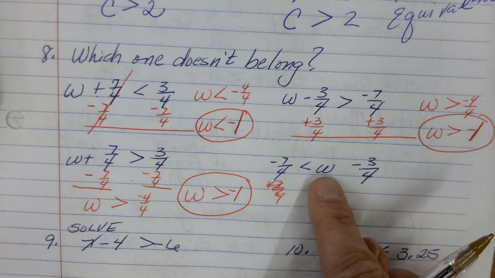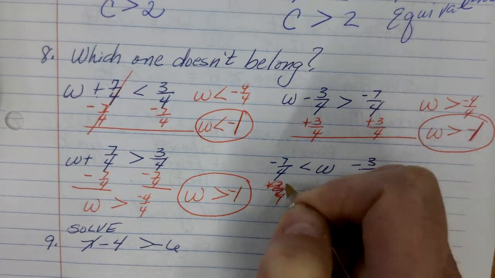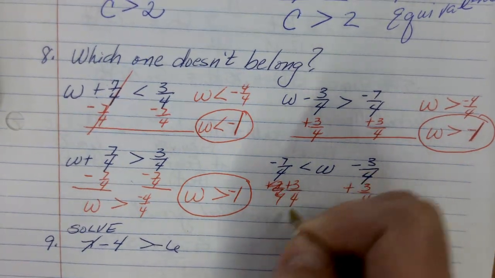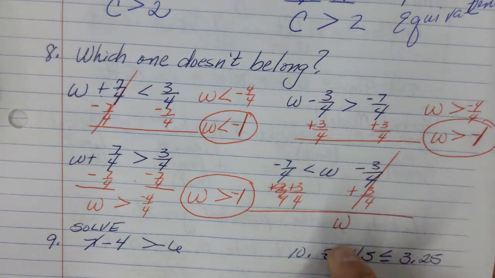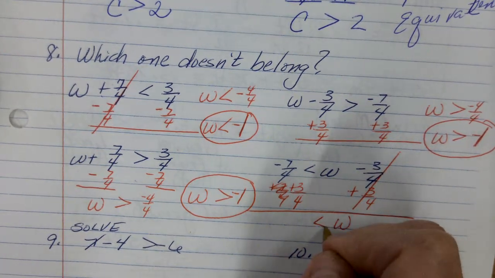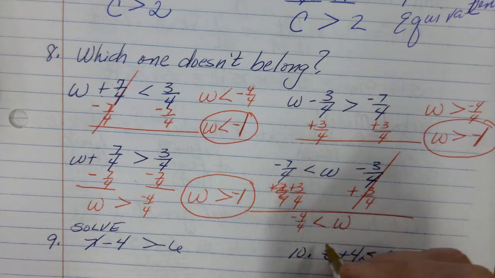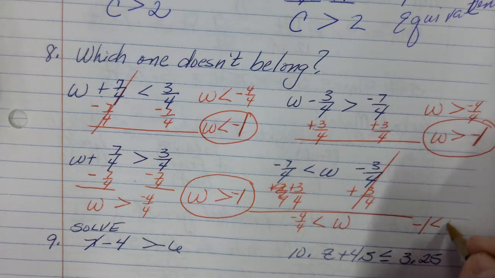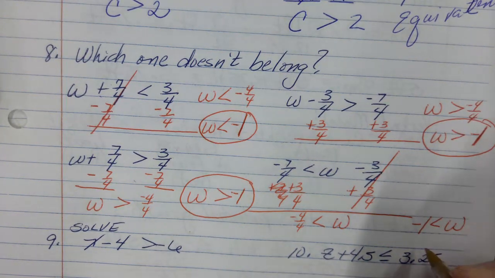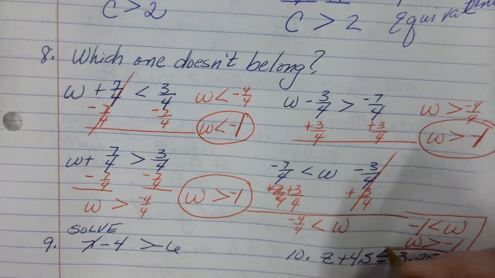The W is on the right-hand side, so we are going to add 3/4 to both sides. These will cancel out. We're left with W on the right-hand side. Negative 7 plus 3 is negative 4/4, or negative 1 is less than W. We can rewrite this as W is greater than negative 1. That's both the same.